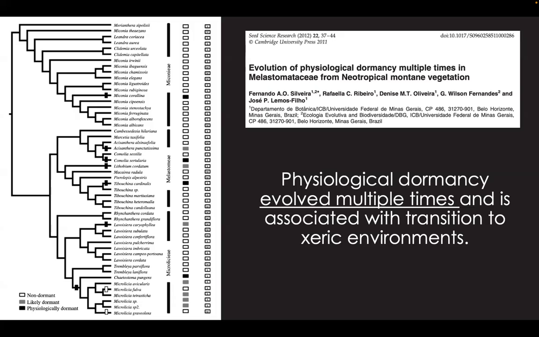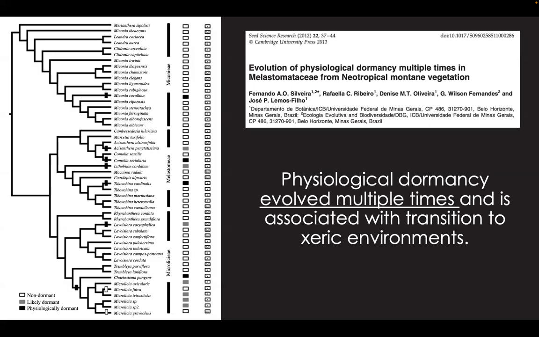So this physiological mechanism prevents germination from occurring in other seasons. It's pretty interesting that most of these evolved specifically in these microhabitats, where the evolutionary pressure to control germination is higher.